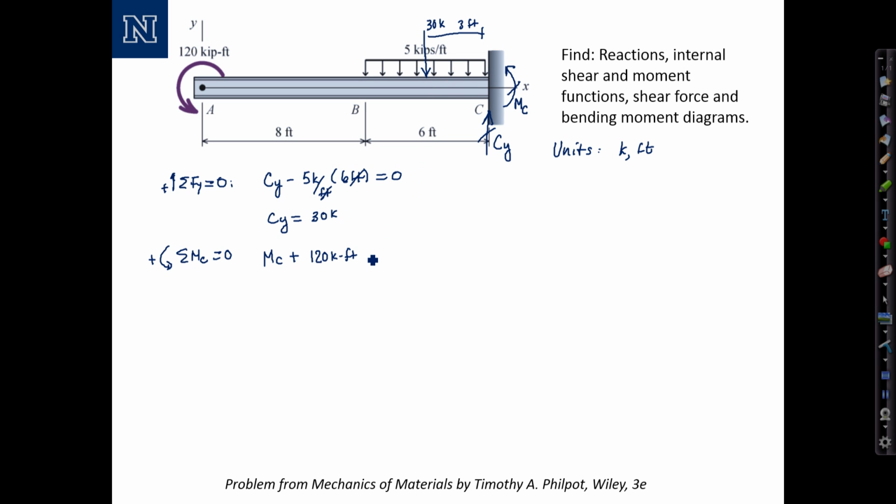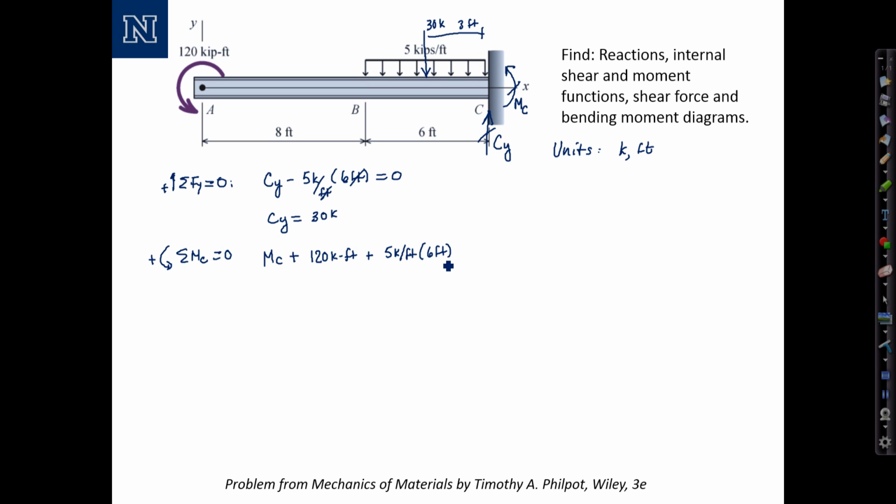So I actually like to do this instead of replacing it by a concentrated load. I recognize that this distributed load creates a moment about point C equal to the value of the load, 5 kips per feet, times the distance, 6 feet.